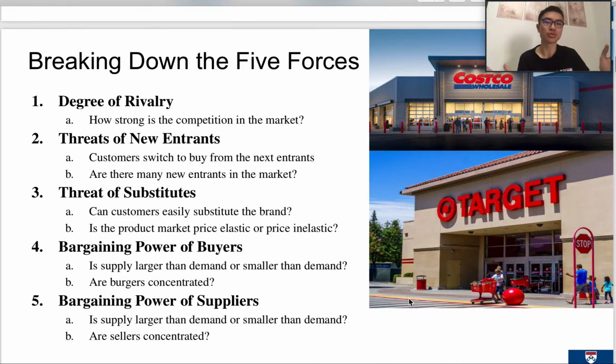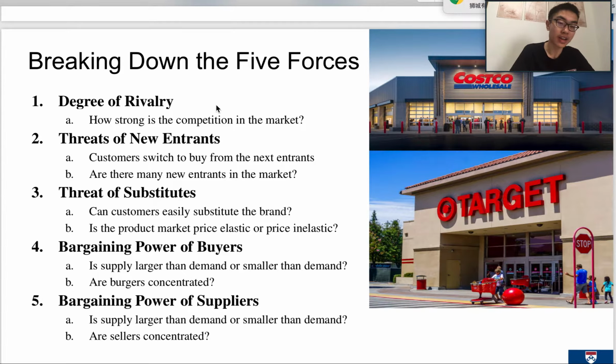Okay, so now we want to start to break down our forces. Everybody knows these firms right here, right? Costco and Target. Degree of rivalry is how strong the competition in the market is. When we're considering entering a new market, what we have to think about is how competitive this market is.